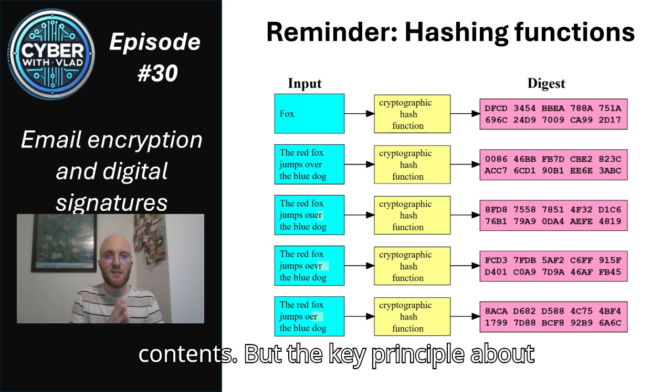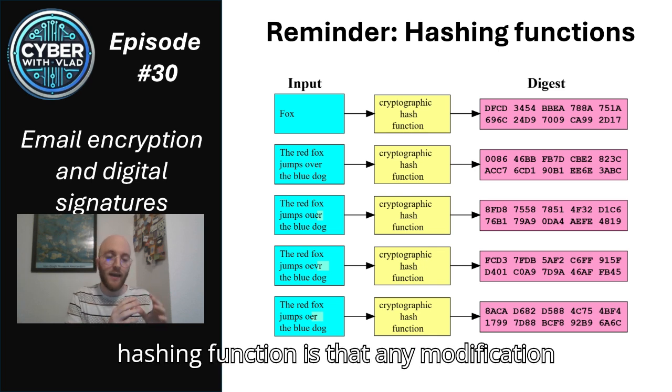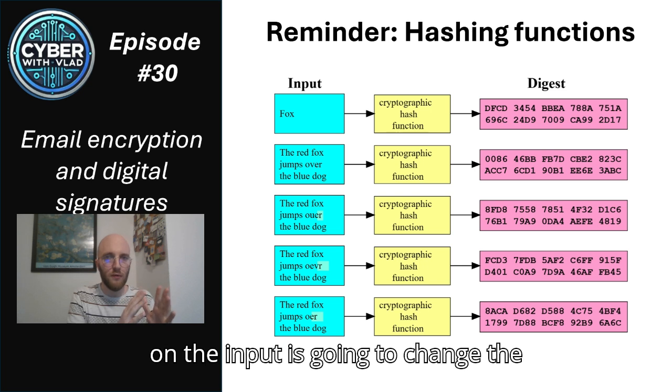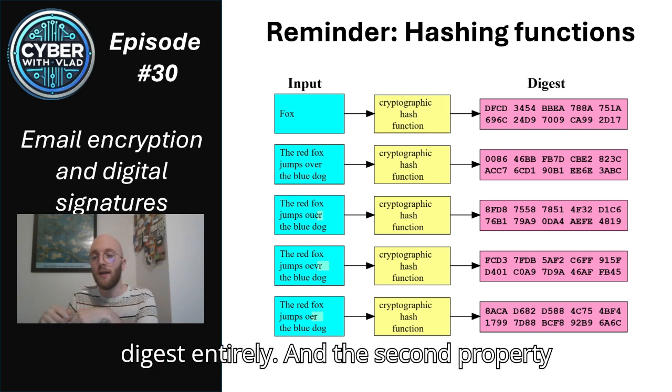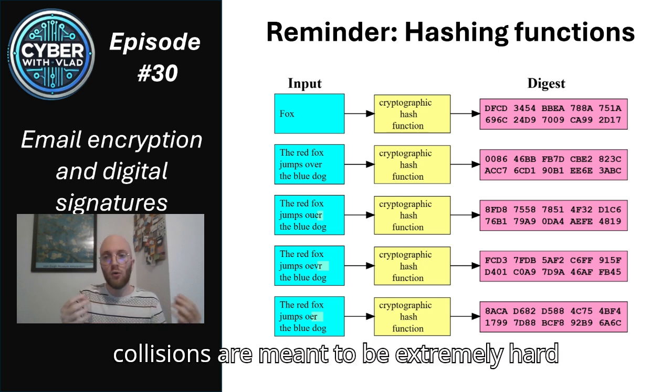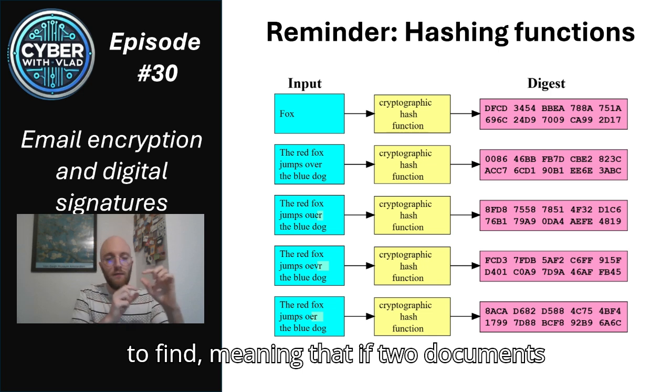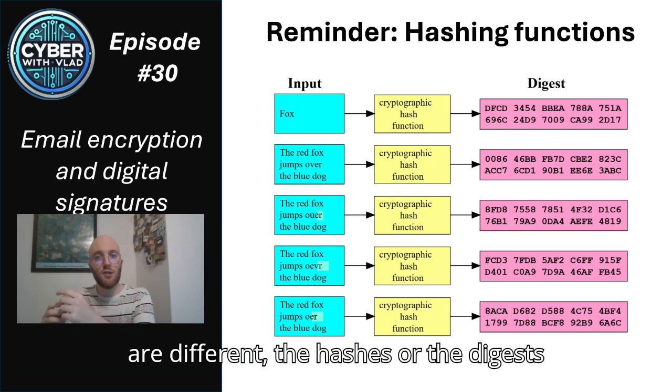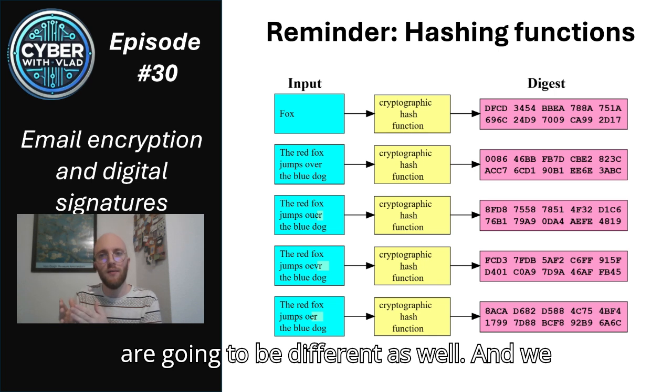But the key principle about hashing functions is that any modification on the input is going to change the digest entirely. And the second property that we talked about is that collisions are meant to be extremely hard to find, meaning that if two documents are different, the hashes or the digests are going to be different as well.